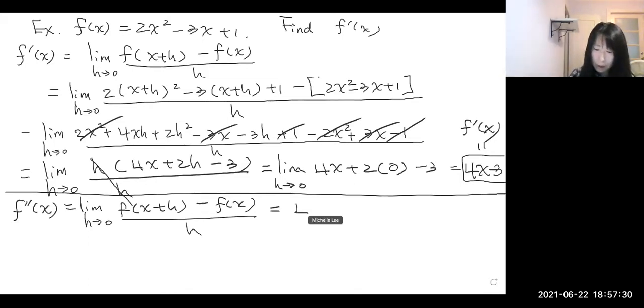Which is 4 times x plus h minus 3, and minus, in this case, f prime of x, because we substitute into f prime of x.